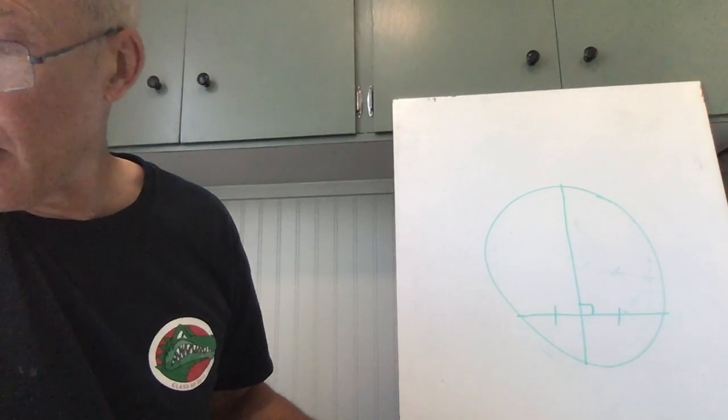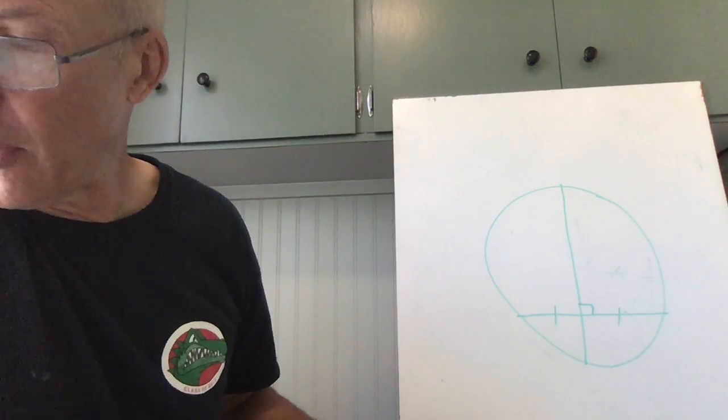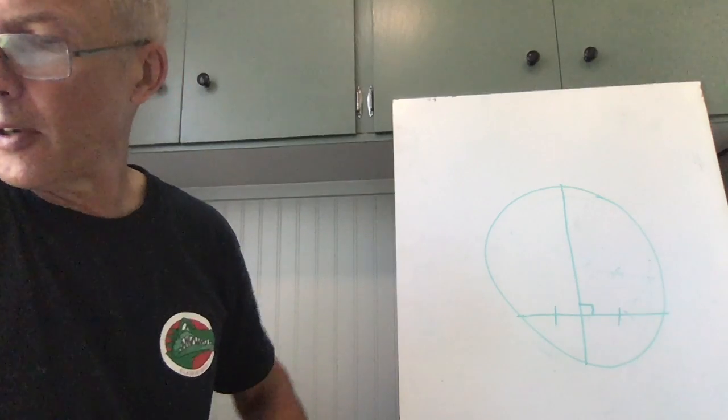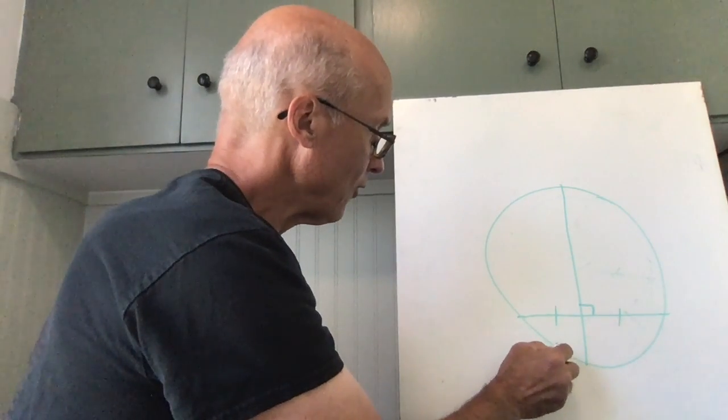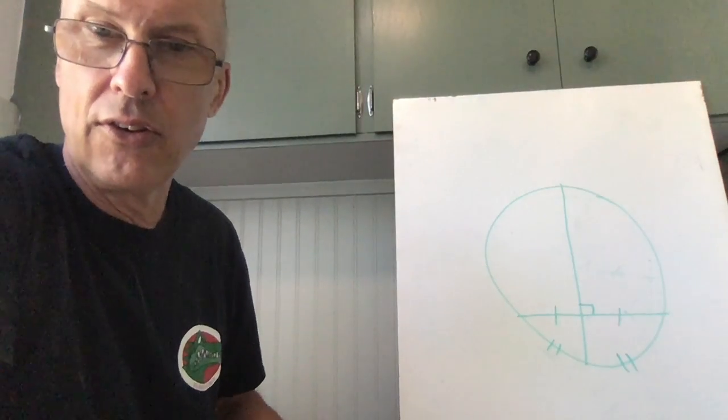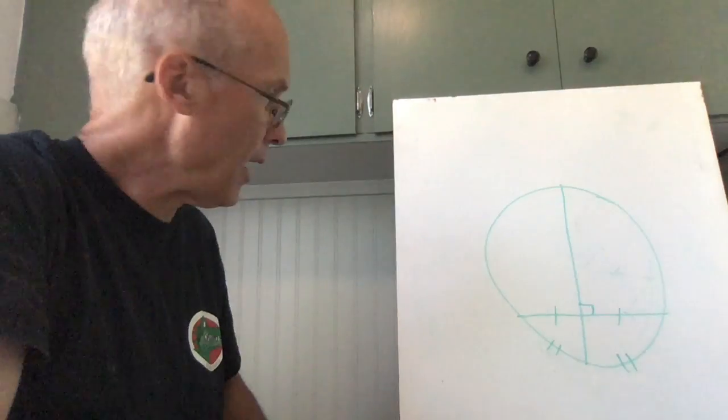What else does it say there? It says it bisects the chord and its arc. So it also bisects this into two equal sections, okay? That's theorem 9.3.